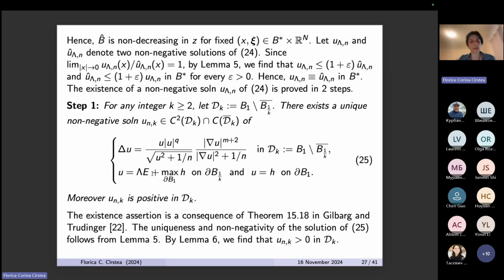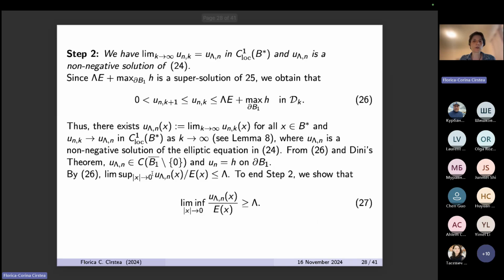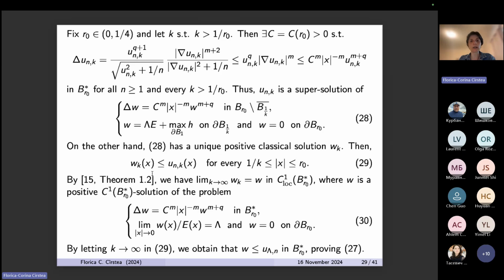You can prove that it's non-negative, and therefore as a consequence also positive, and pass to the limit. Everything works because you have gradient estimates, you have monotonicity, and you pass to the limit. Then with the reduction that I showed earlier, with the comparison with the problem without the gradient, problem 28 is similar to what I showed earlier.